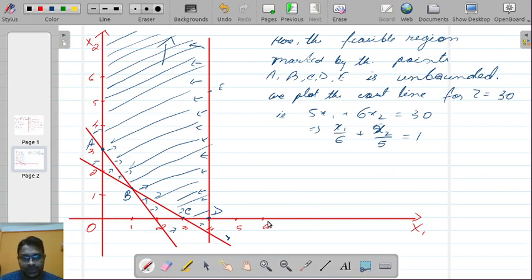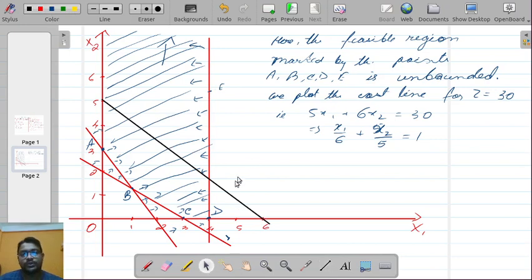The line is somewhere here. So this is the cost line for z equal to 30.